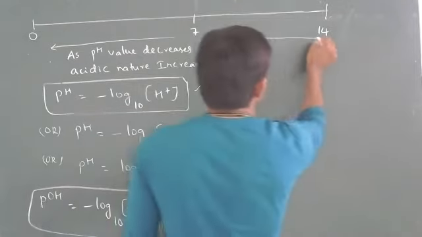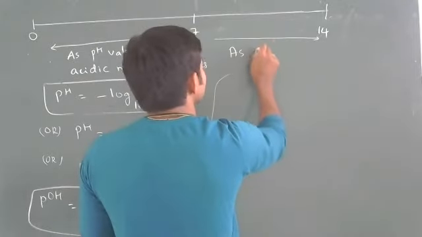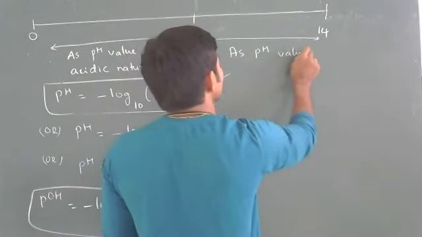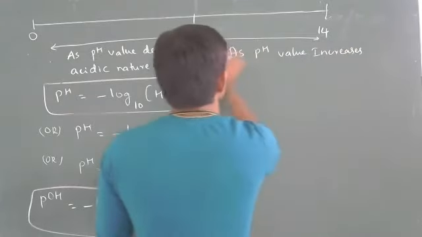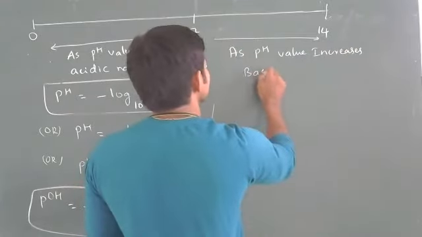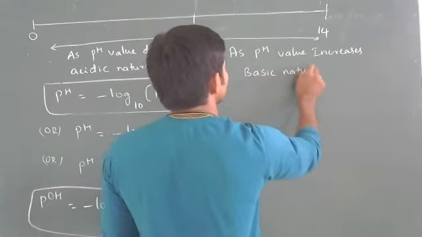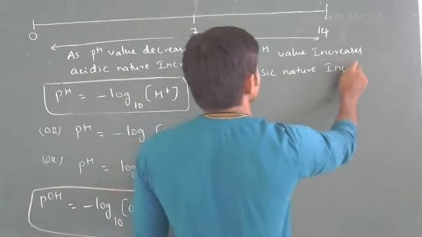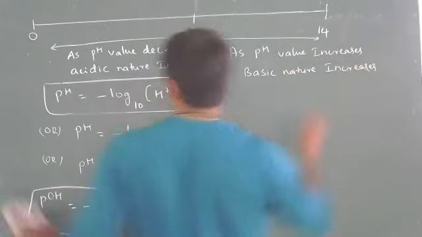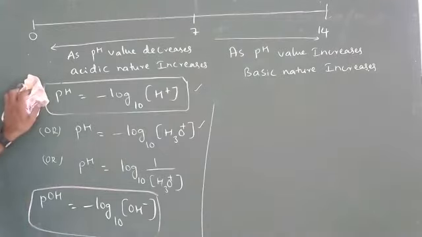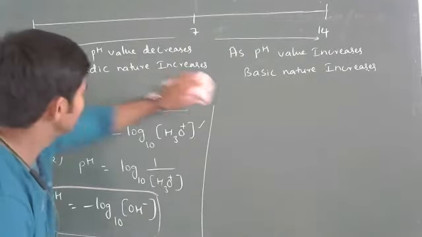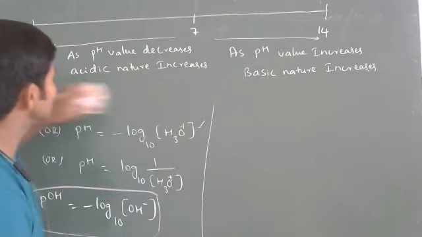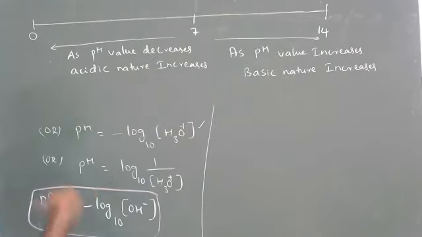If you go more to the right side, as the pH value increases, basic nature increases. In the pH scale from 0 to 14, if the pH value decreases, acidic nature increases, acidic strength increases.